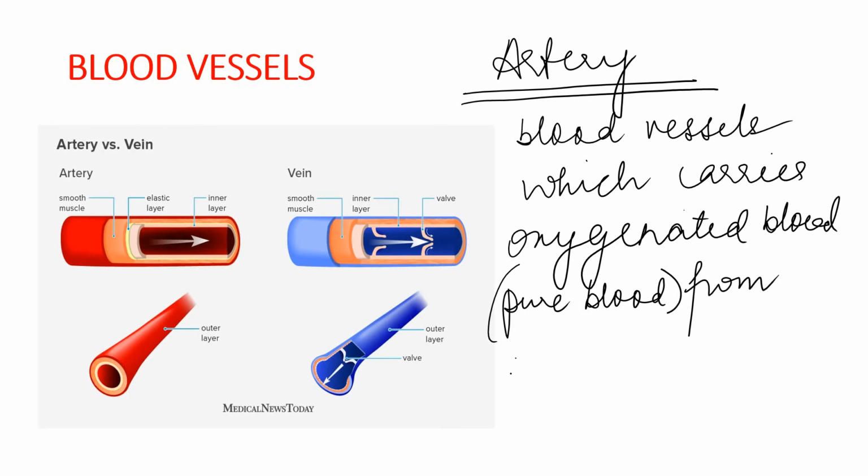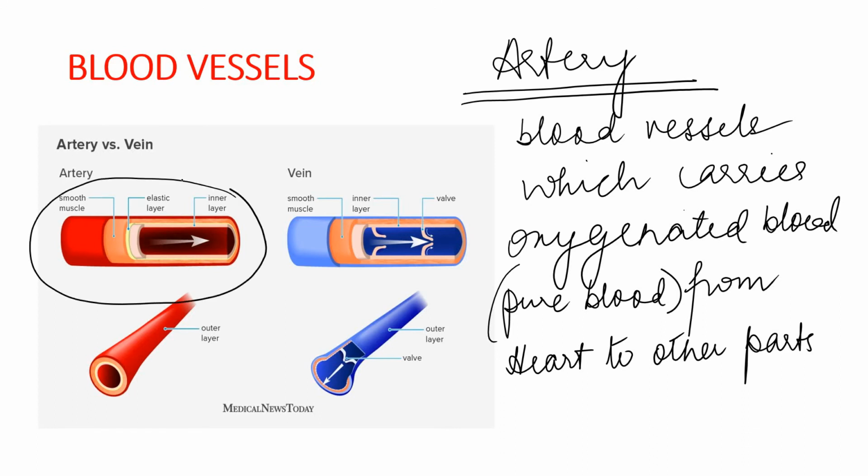From the heart to other parts. So you can see this is the artery, red in color, pure blood. These are the blood vessels which carry oxygenated blood from the heart to other parts.